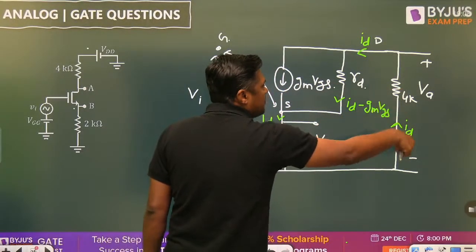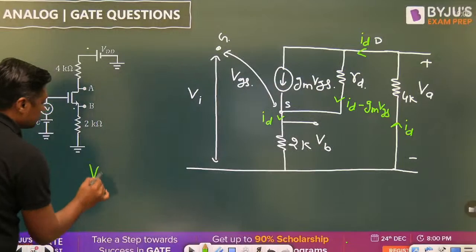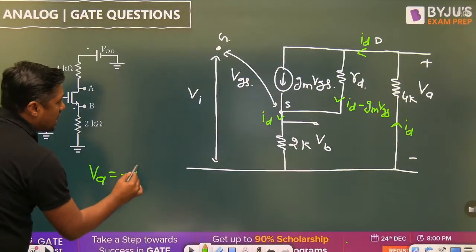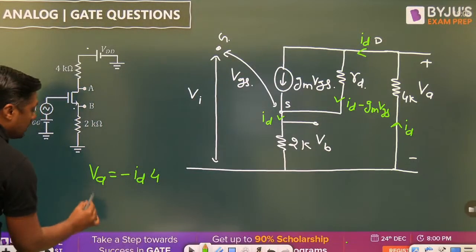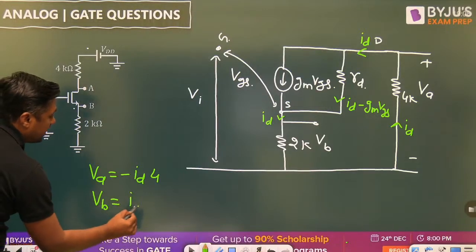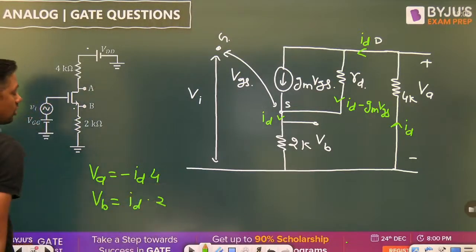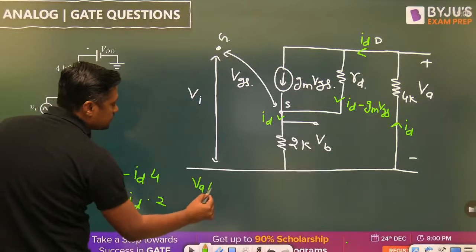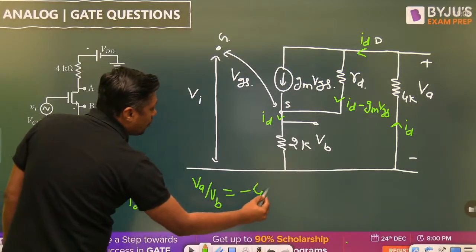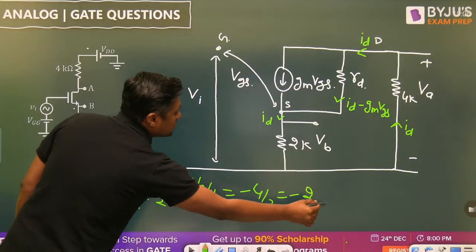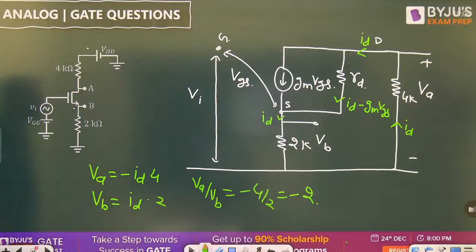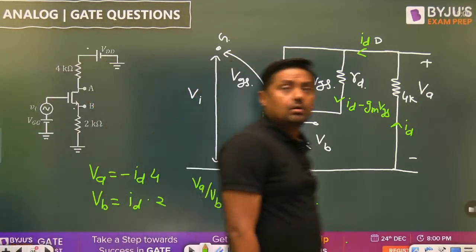Now this time VA will become minus ID into 4. And VB will become ID into 2 from the small signal model. So what is VA by VB? Minus 4 by 2. Again you will get the same answer, minus 2. And that is with the help of a small signal model.